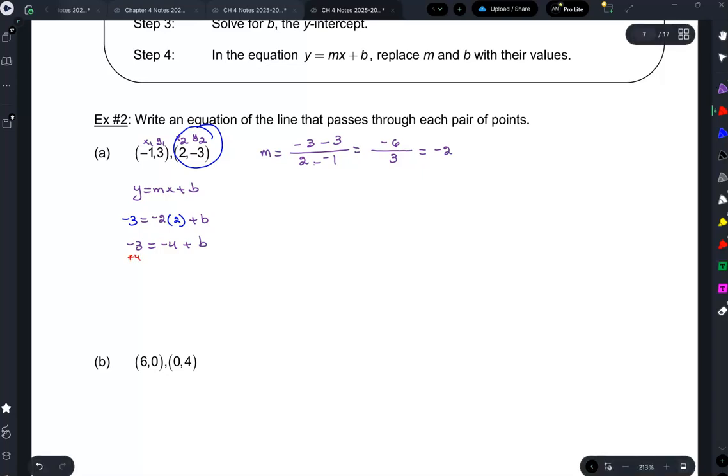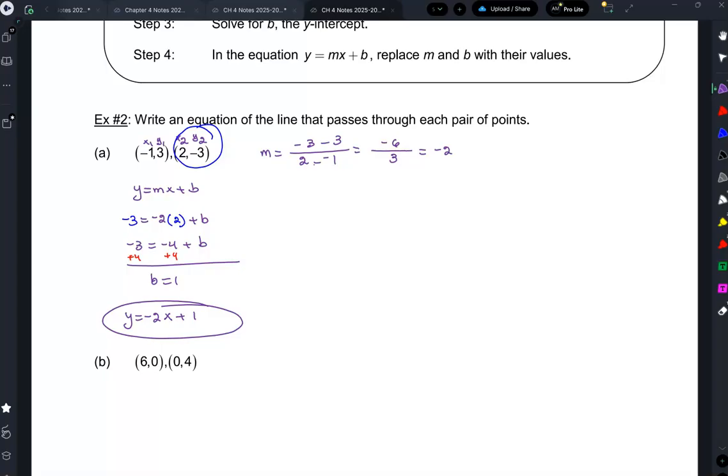Add 4, what's b? 1. So how do I write my equation? Y equals what? Negative 2, so it's mx, negative 2x plus 1. Okay.